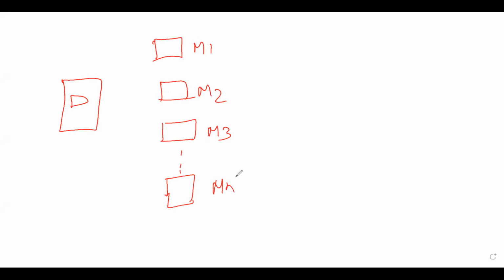In random forest, these models are decision tree models. We consider only decision tree models for all the base learners.